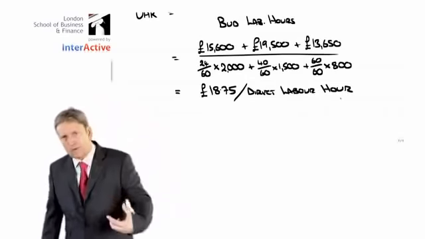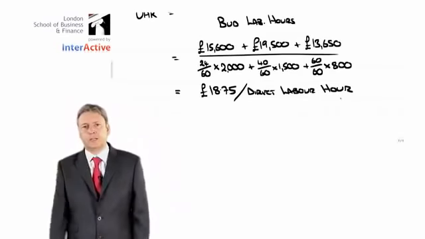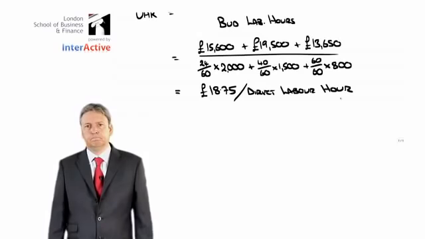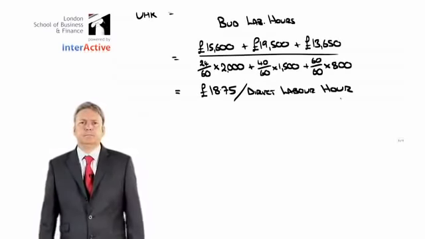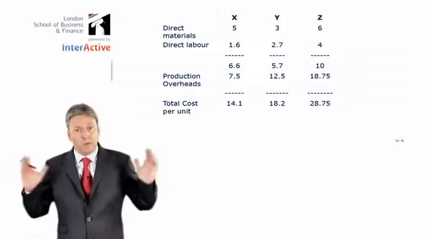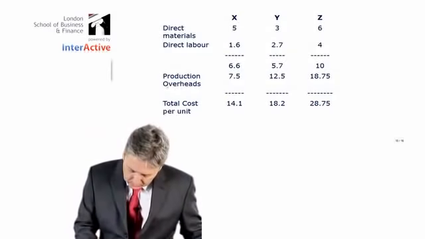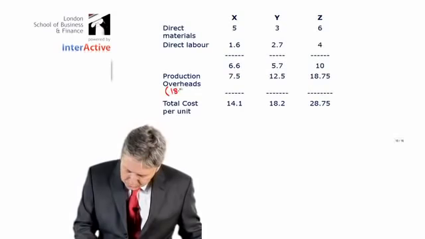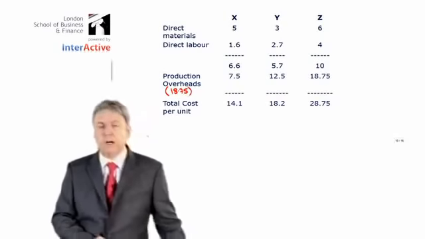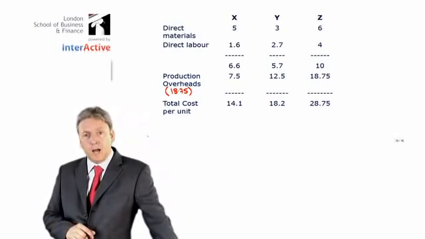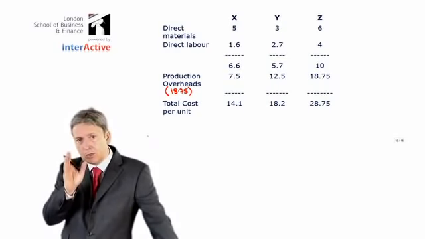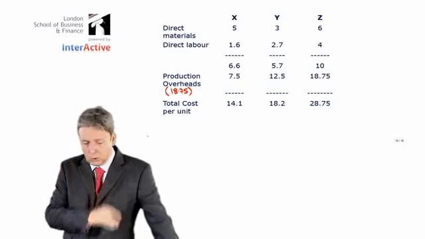So we've calculated our overhead absorption rate, one of the fundamental things that we have to do here. Right, so where have I slotted that number in? What we can now look at here is that we've calculated our overhead absorption rate, £18.75 per direct labour hour. What we now want to do is to link that cost to the individual products.